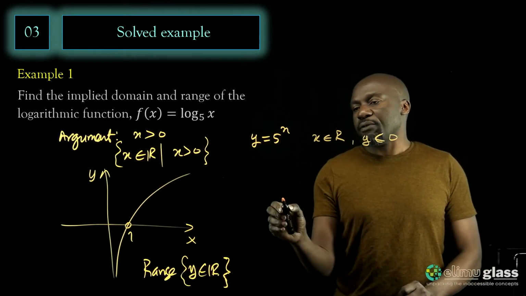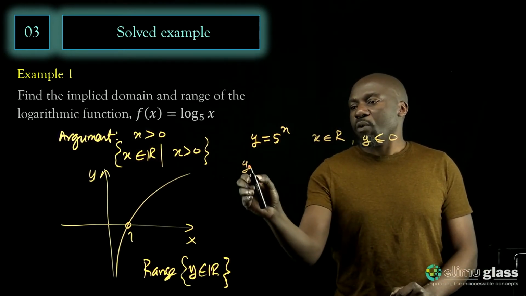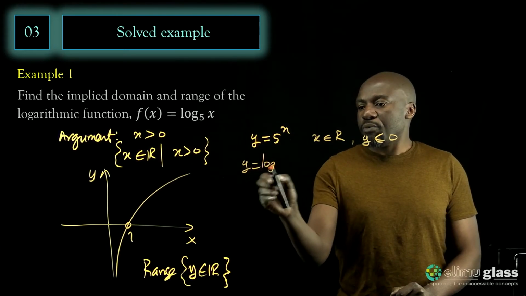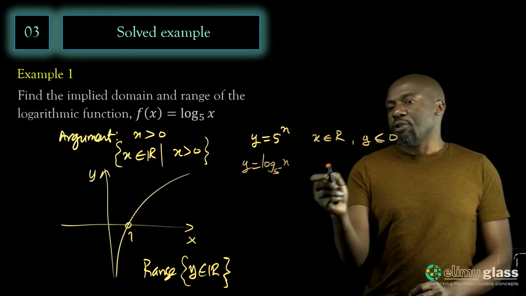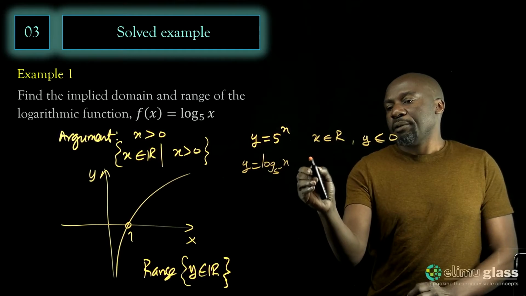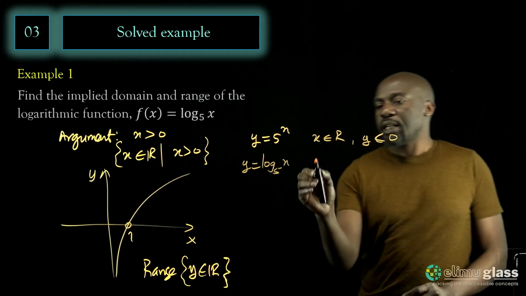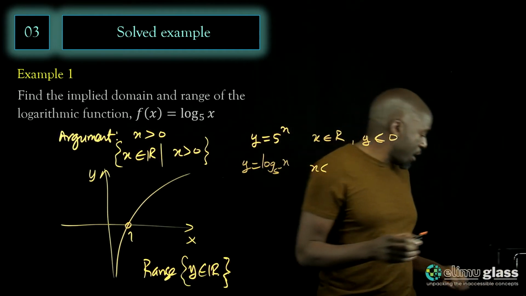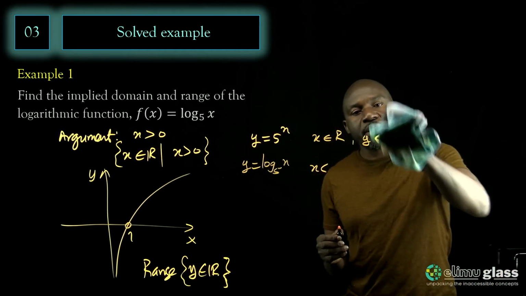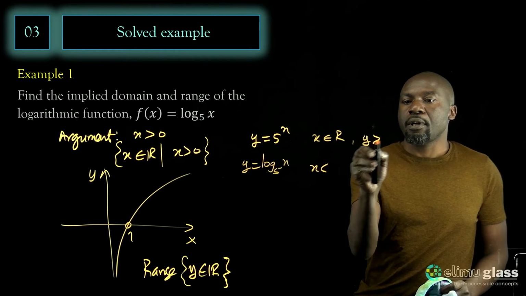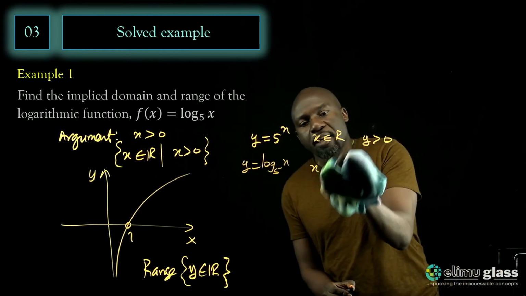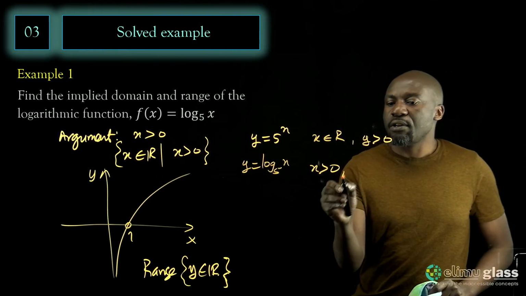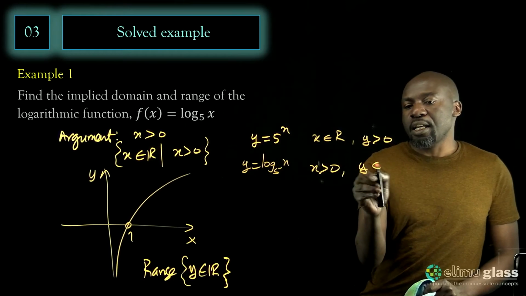For the logarithmic function, y is log to base 5 of x, the domain now is x is greater than 0, and y is real.